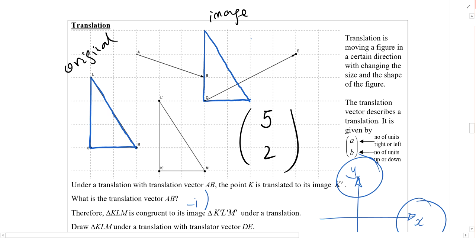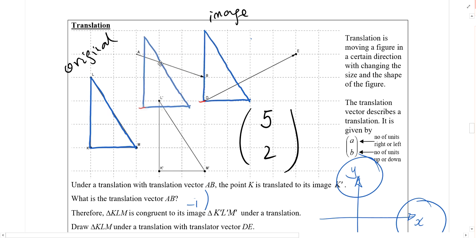Translation. What if I choose to put it somewhere else? Let me put it here. Okay, so 1, 2, 3, 4, 5, 1, 2. So I can put it anywhere else I like.